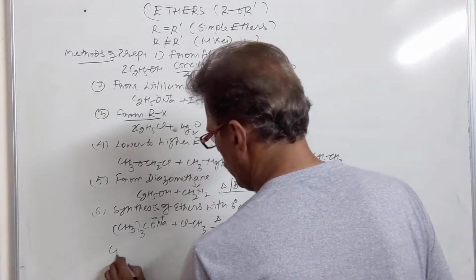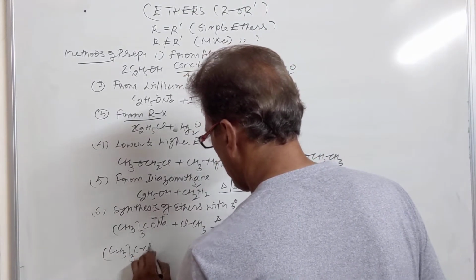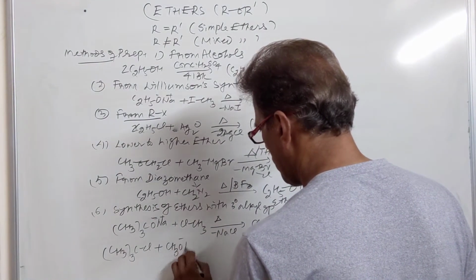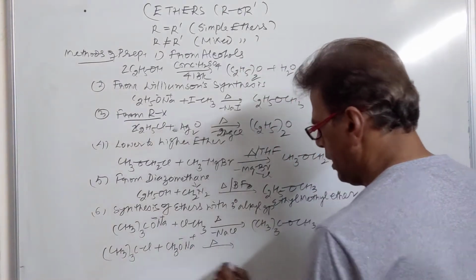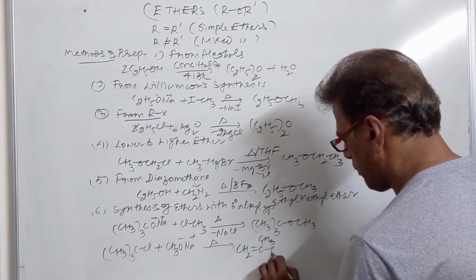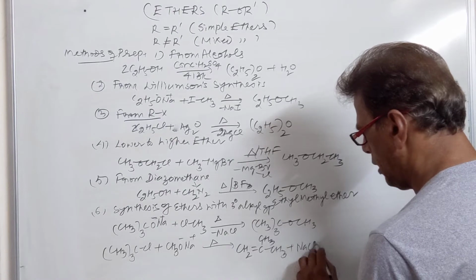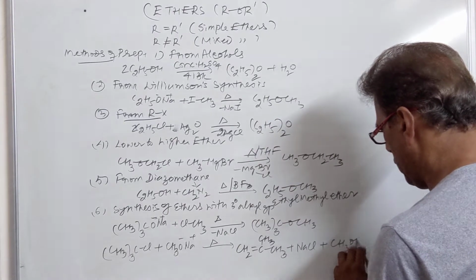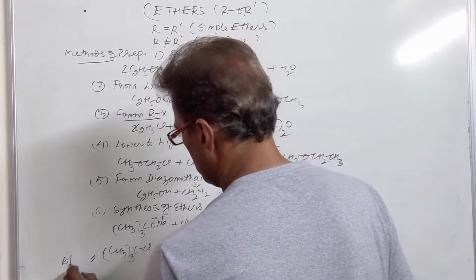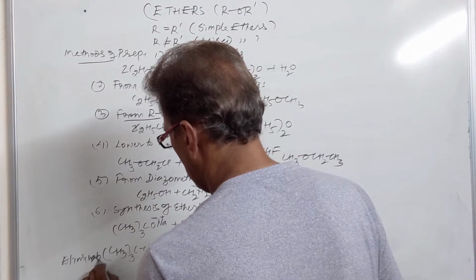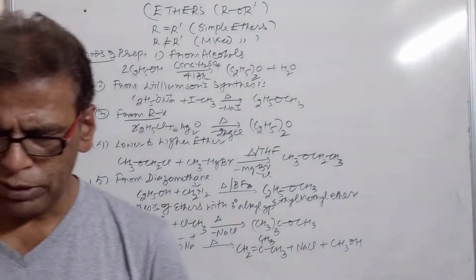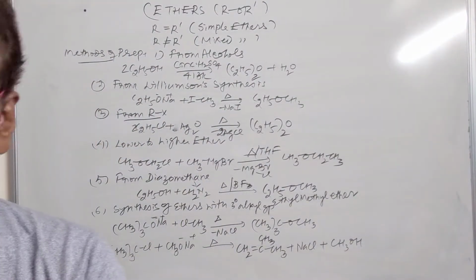And if you use a tertiary alkyl halide and heat it with sodium methoxide, then you will get elimination reaction in the tertiary alkyl group. You will get isobutylene plus NaCl plus methyl alcohol. So tertiary alkyl halides will undergo elimination reaction. So we never use tertiary alkyl halide in the Williamson synthesis, because that produces alkene.